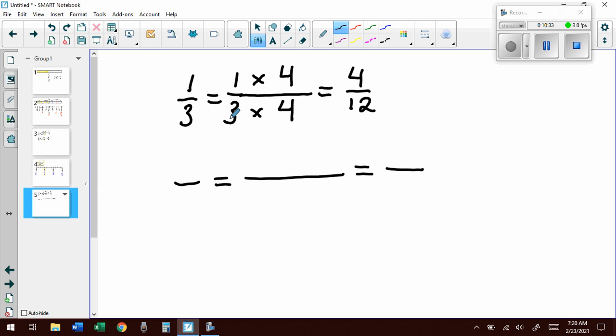So in everything being backwards, 1/3 is on this side, 4/12 is on this side. One times what equals 4? 4. 3 times what equals 12? 4. And since it's multiplication backwards, we're dividing.